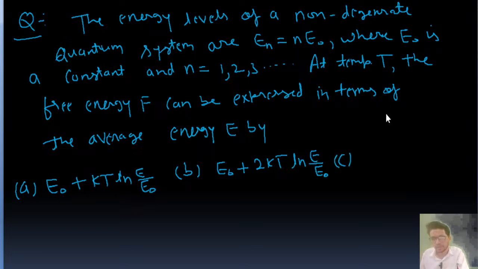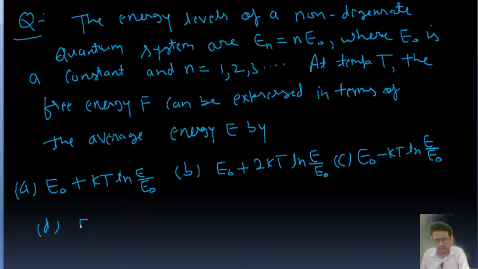Option C is E naught minus kT ln E upon E naught. And option D is E naught minus 2 kT ln E upon E naught. Okay, so this is the question.